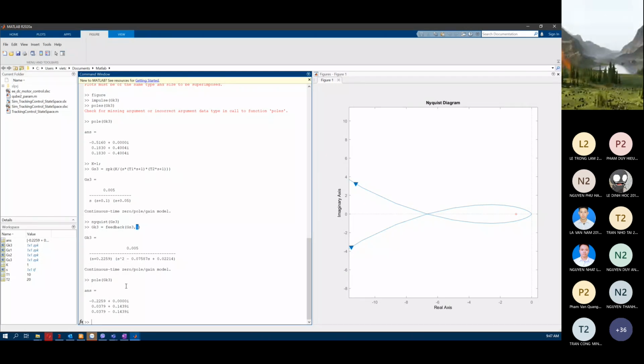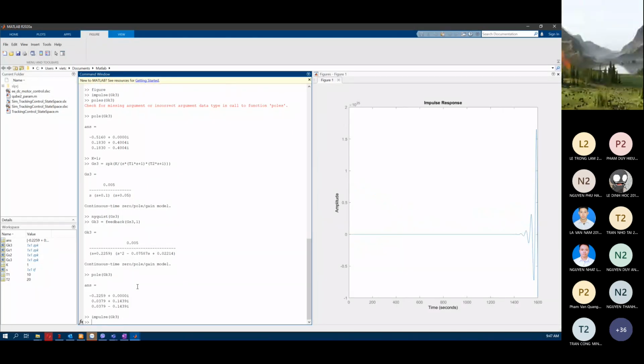Vậy tại sao nó vẫn có poles on the right half plane? Vẫn unstable mà. Tại sao Nyquist lại vẫn bao điểm này? Mình có nhầm chỗ nào không đây?